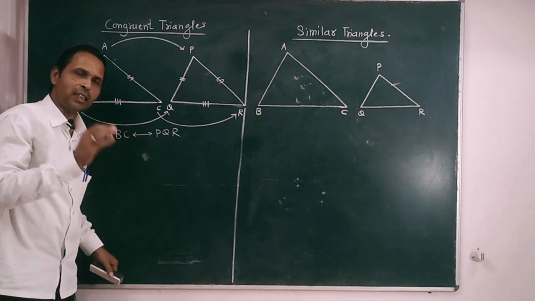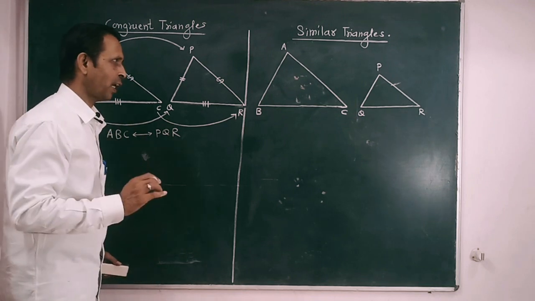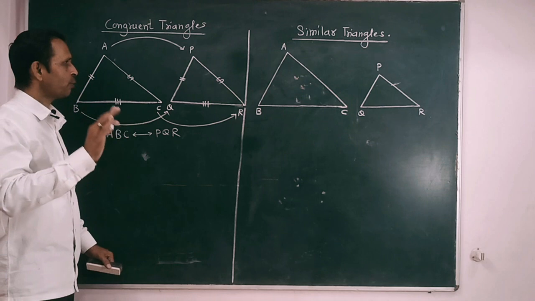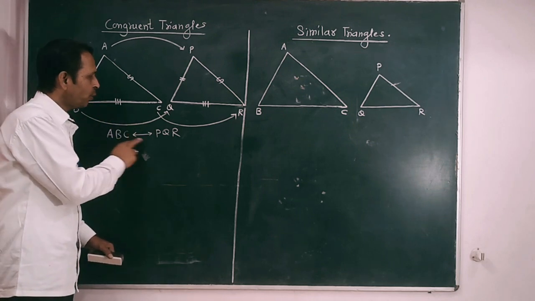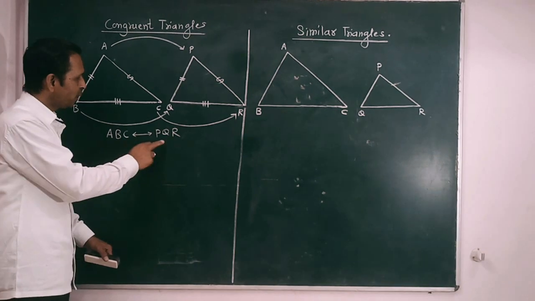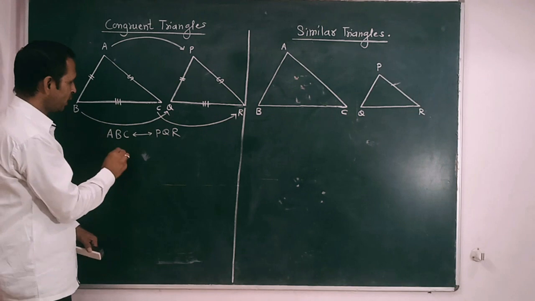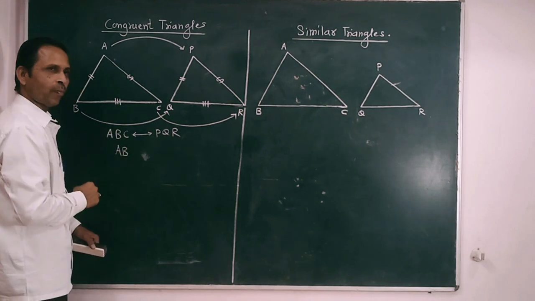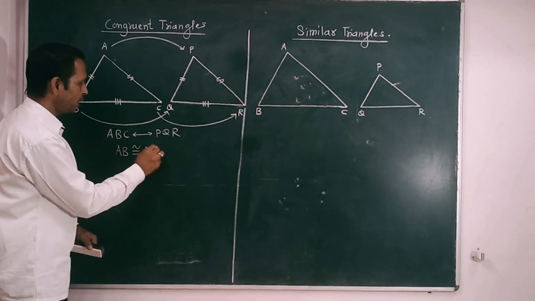Now there are 6 types of one-to-one correspondences between the vertices of the triangles. Out of these 6, under any one-to-one correspondence between the vertices, suppose the corresponding side AB is congruent with the corresponding side PQ.